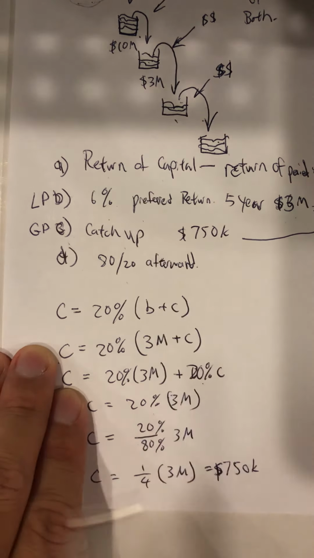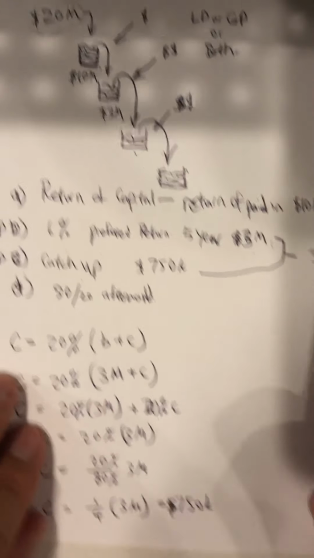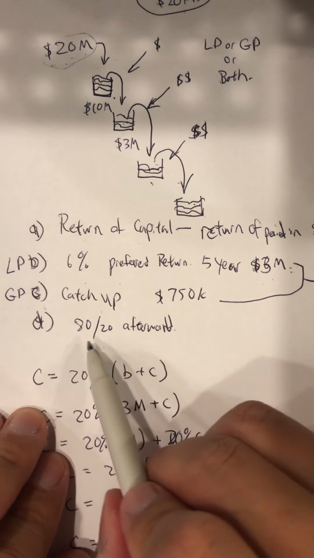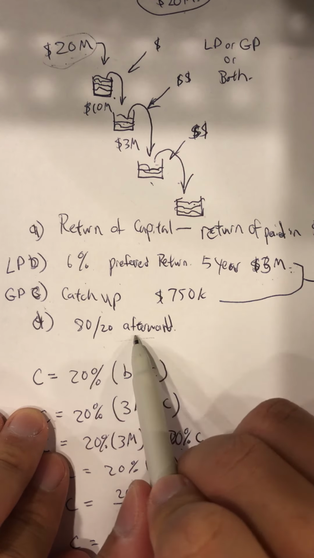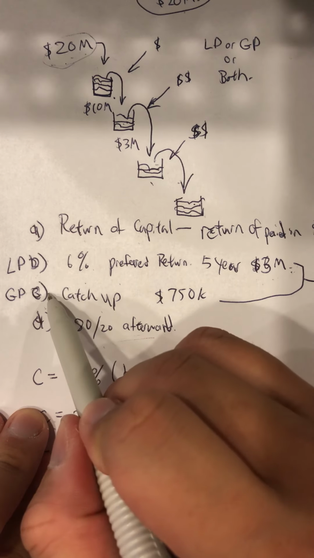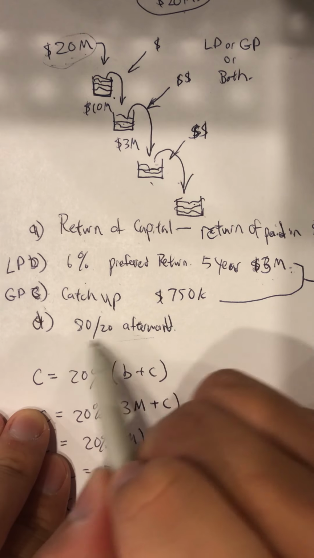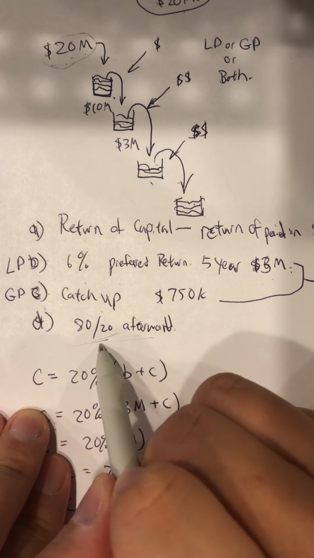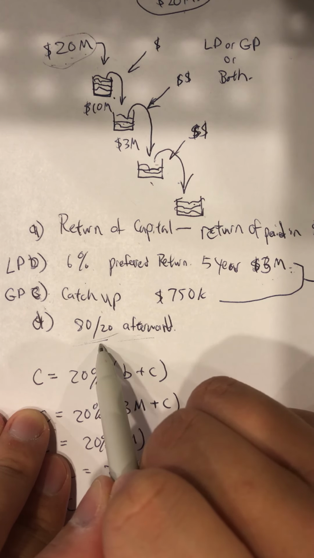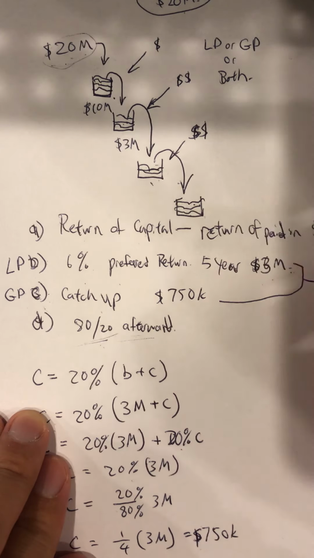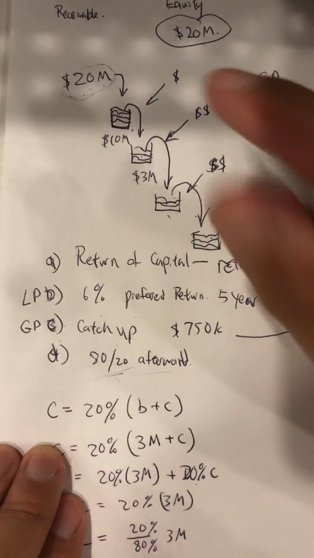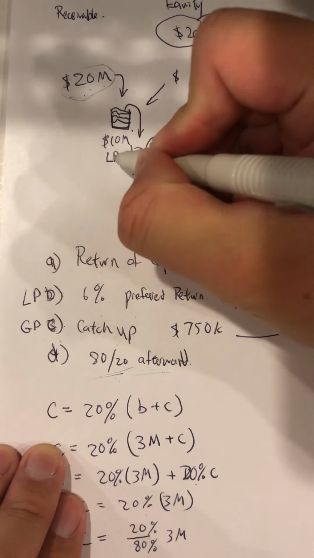Does that make sense? So afterwards, it's going to be 20-80, right? Because B and C is already 20-80, that's going to maintain the 20-80 ratio.